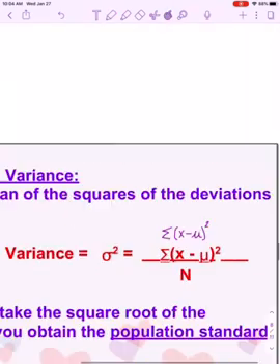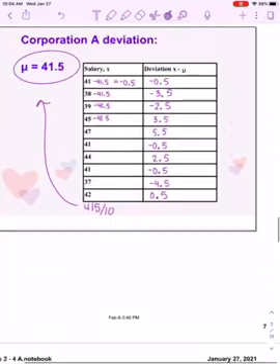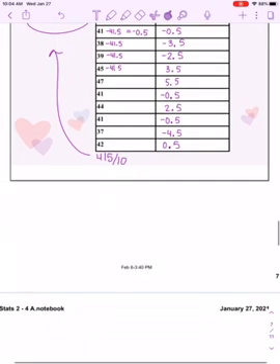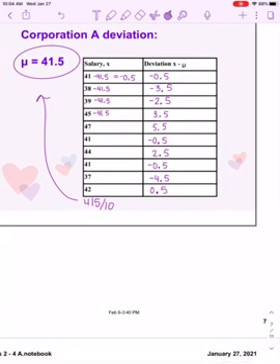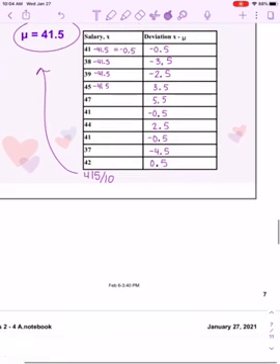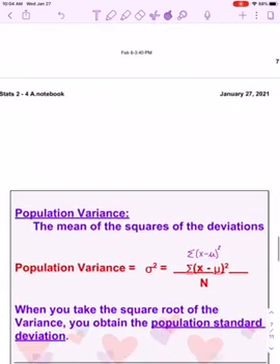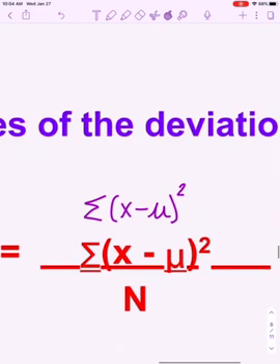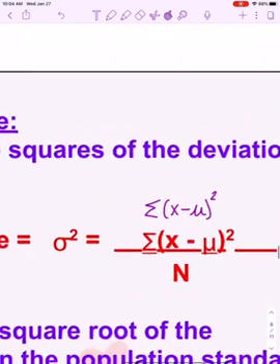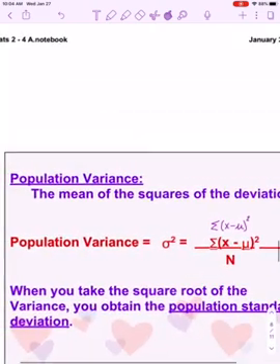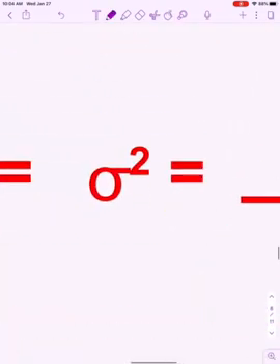So if we added up all of our individual deviations right now, we would get 0 because you've got some positive and some negative, some above average, some below average. So we're not able to add them all up right now because it doesn't give us a tangible number that's going to be able to be divided. So to help us be able to use it, we're going to square them because when you square something, you make them all positive. So we're going to square all of our deviations, and then you divide by however many numbers you have, okay? When you do that, you get your variance.